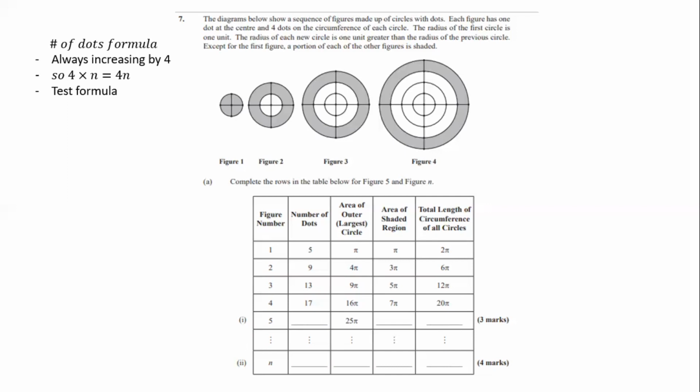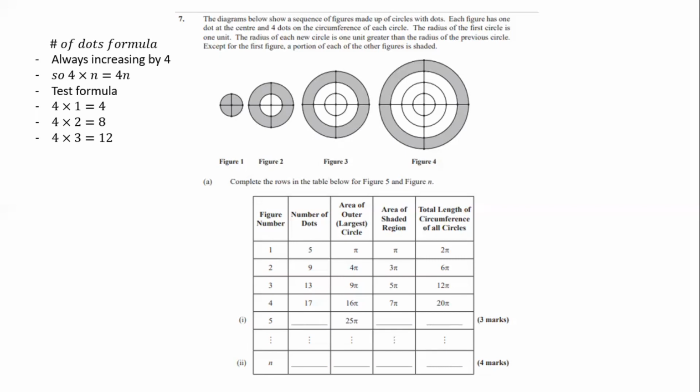So in now testing the formula, 4 times n, which is 4 times 1, would give us 4. 4 times 2, which is figure 2, would give us 8. And 4 times 3, which is figure 3, would give us 12. What we realize is that in each instance, the number of dots is always short by 1.